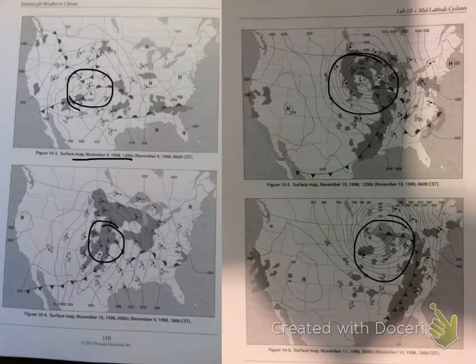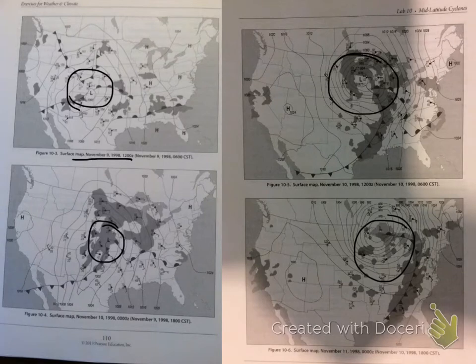So question 4 just reads, how much did the pressure drop in the storm center from November 9th at the 12Z until November 11th at the 00Z? And so for this one, I'm just looking at the lowest pressure compared to the highest of the low pressures. On my map, for my first one, I can see that my pressure was 1,000 at my low pressure center, right?